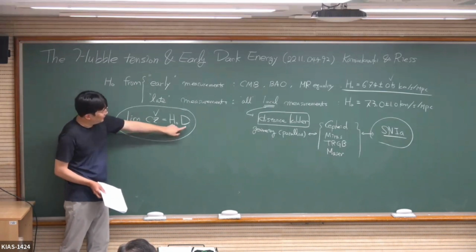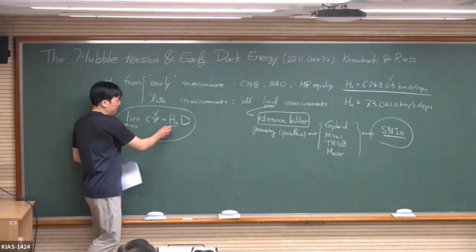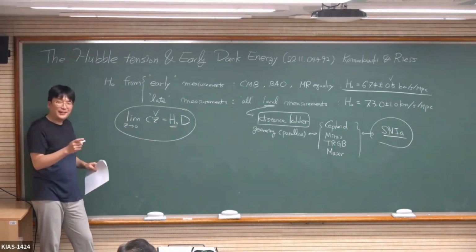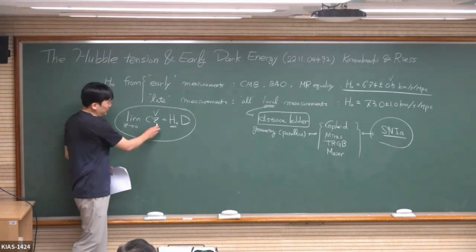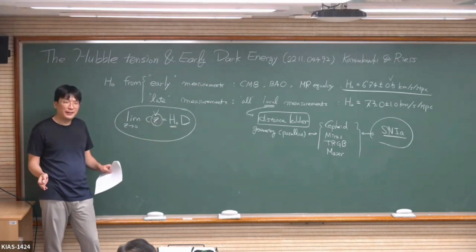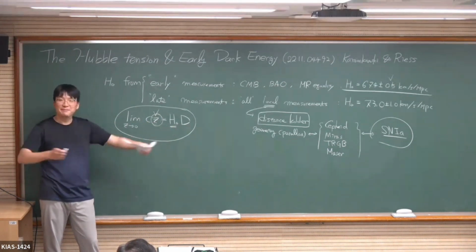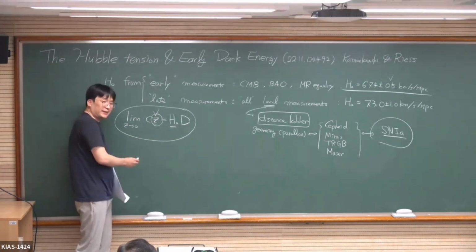And then we measure distance by any of the methods, and then you can get H0. But the inconvenient truth is that the redshift we measure is not just the Hubble flow. Galaxies are not just following the Hubble flow, they are moving. It's called the peculiar velocity.